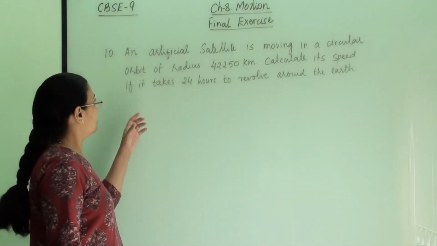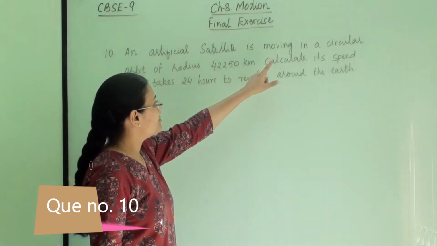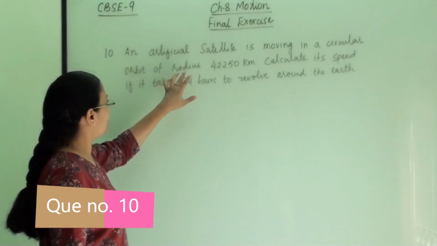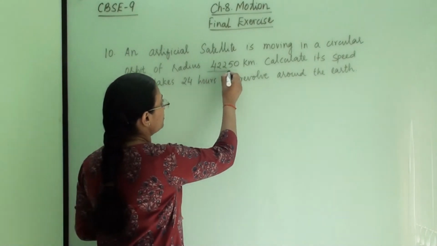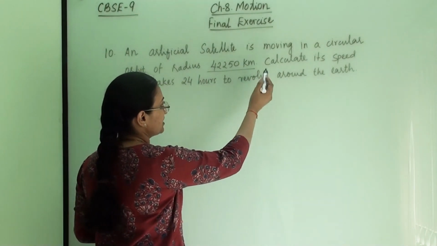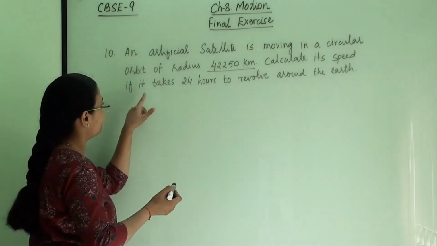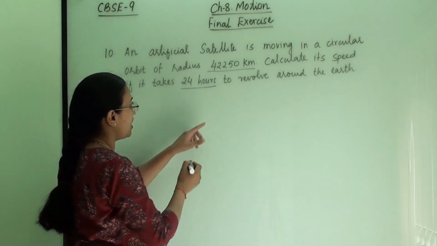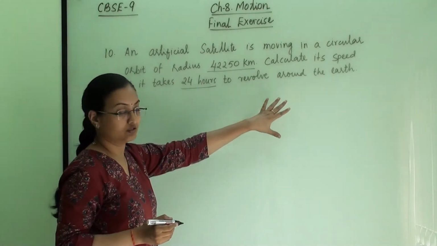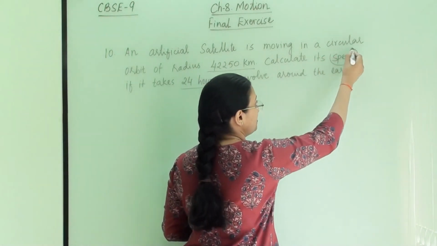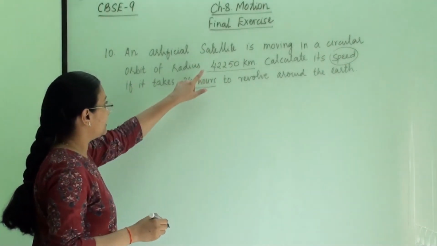10th question. An artificial satellite is moving in a circular orbit of radius 42,250 km. Calculate its speed if it takes 24 hours to revolve around the earth. So we have to find out its speed. And what data they have given?